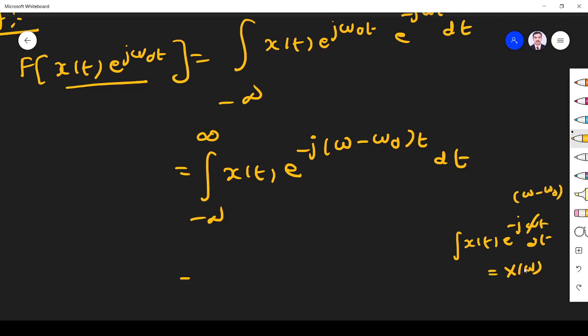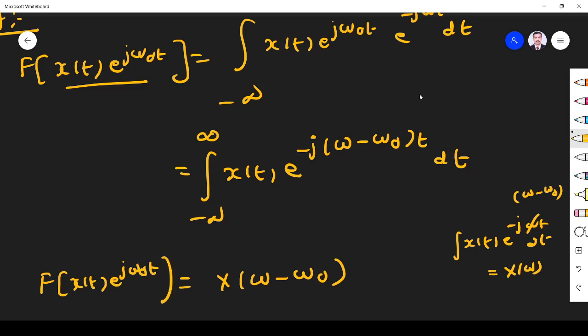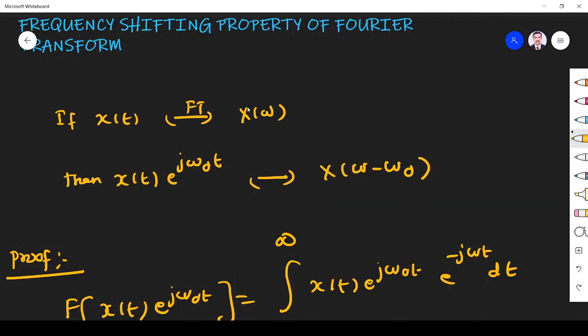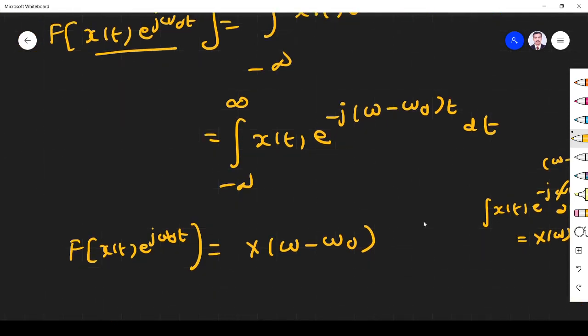So it is given by X of omega minus omega naught. That is the Fourier transform of x of t e power j omega naught t. Fine. So you see that the equation is proved. Simple proof. Clear.